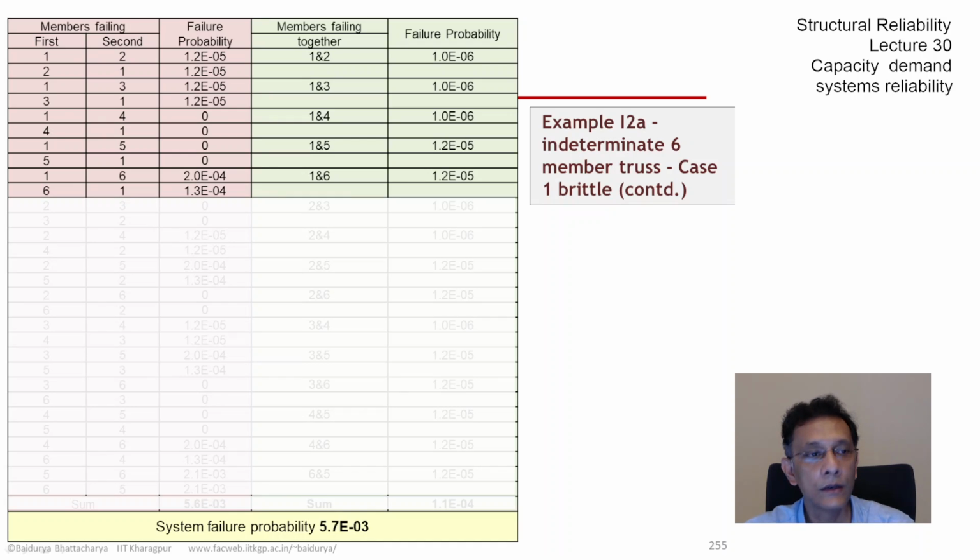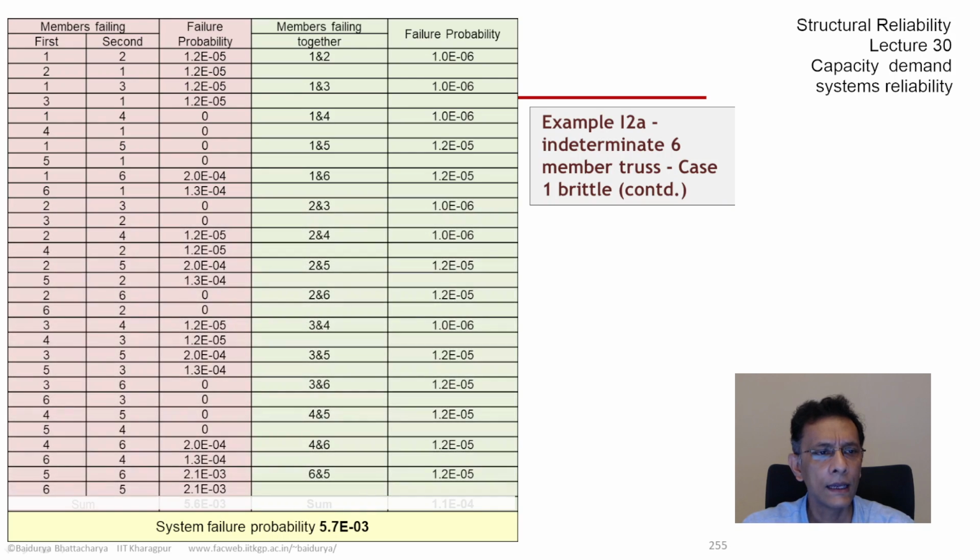And that's here, this minimal cut set of 1 and 6, they do not have the same probability in different orders. So 1-6, 6-1, and 1 and 6, they're all different. And this way, we can compute all of them and sum them.